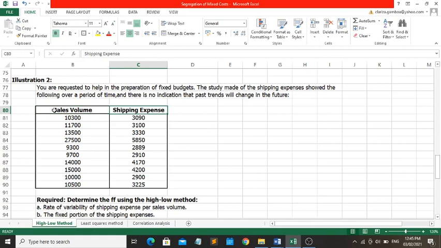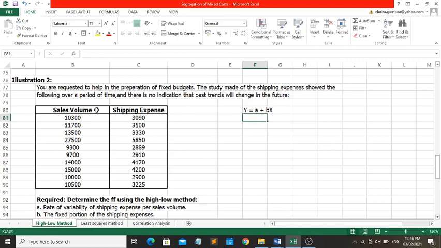Okay? So, ano dyan ang X? Ano dyan ang Y? Sabi natin, we have Y equals A plus BX. Tama? Y is the total cost, A is the total fixed cost, B is the variable unit cost, and X is the cost driver.